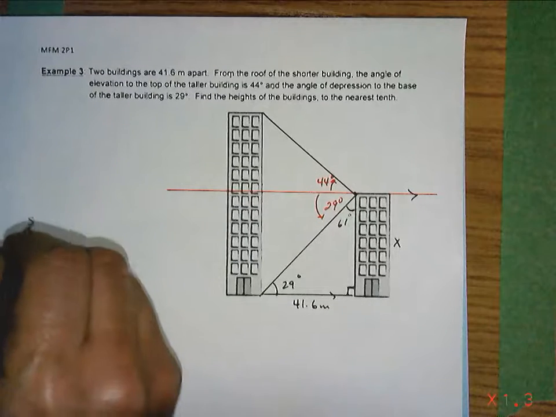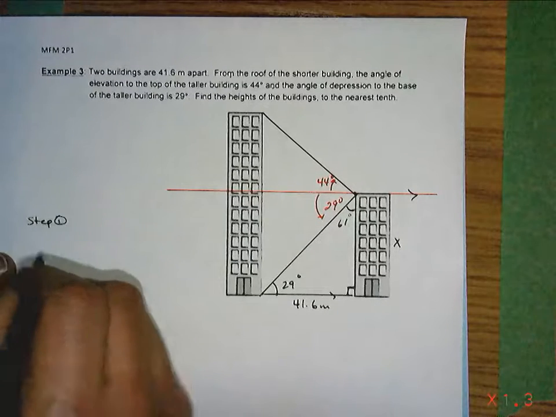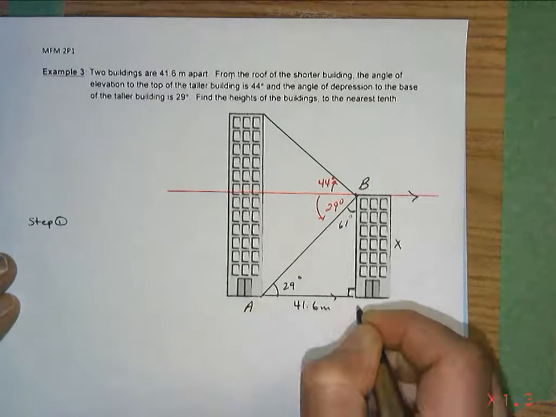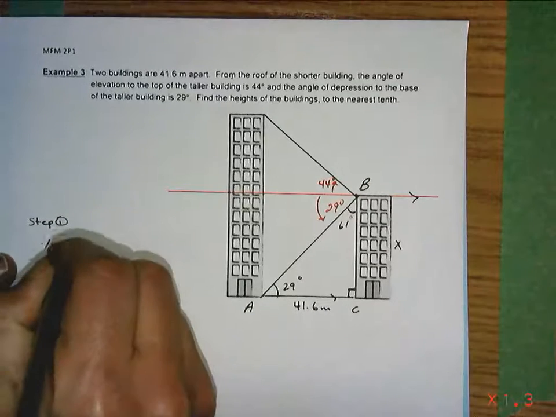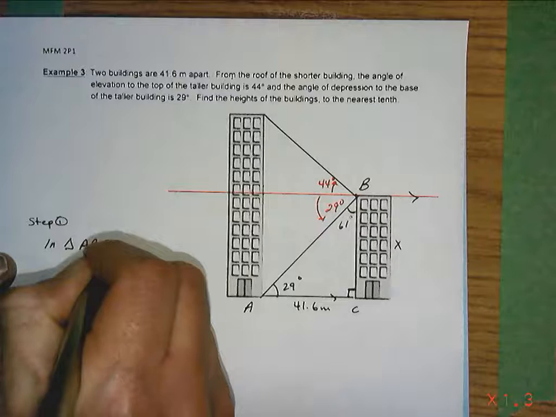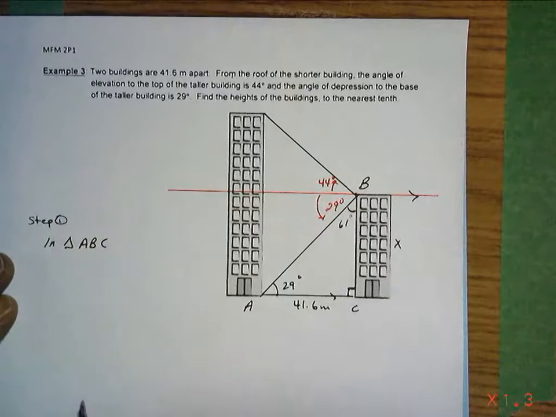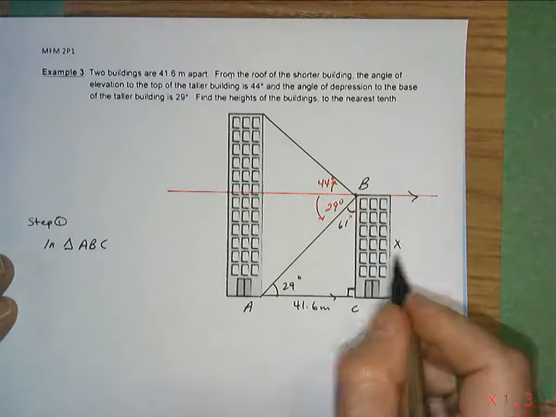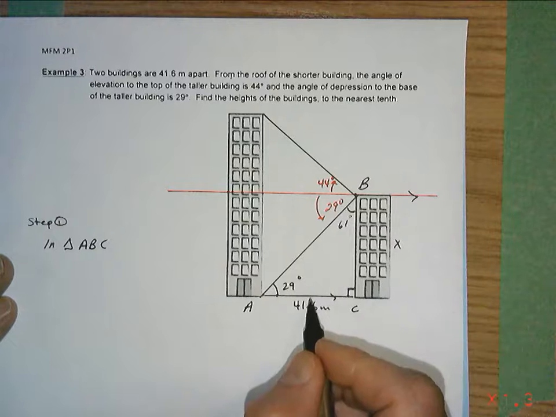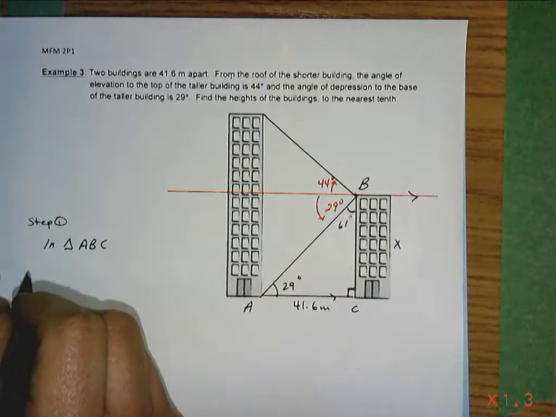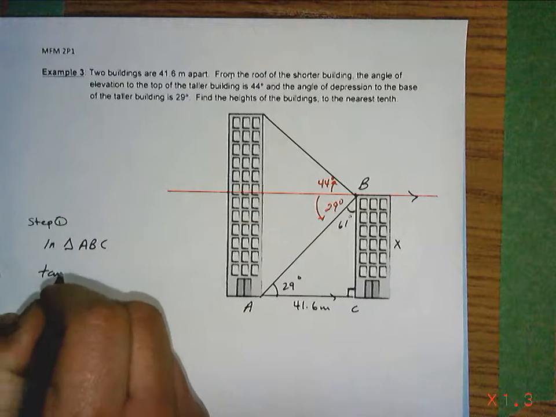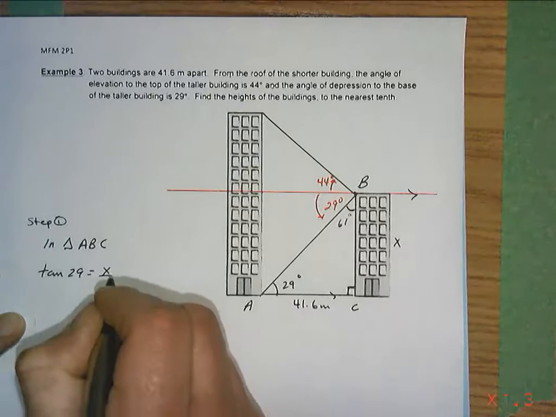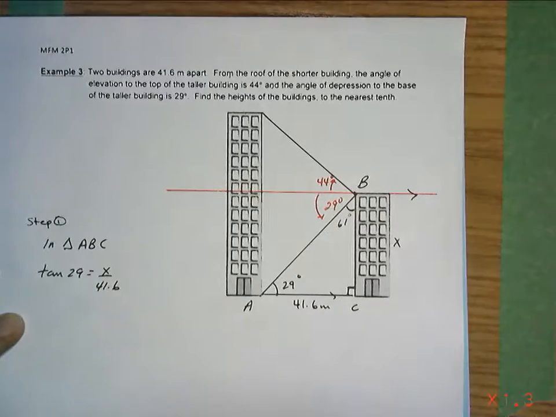Step 1, I'm going to keep my work neat, and I'm going to name this triangle ABC. In triangle ABC, I have opposite and adjacent, and opposite and adjacent is tan. So I have tan of 29 degrees equals X over 41.6.